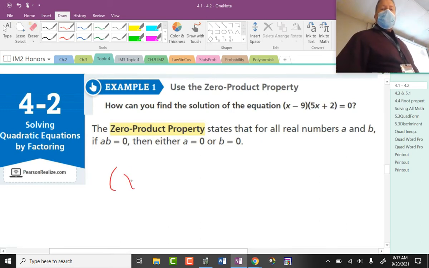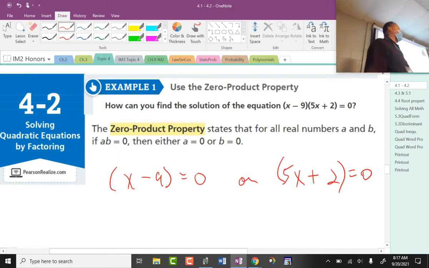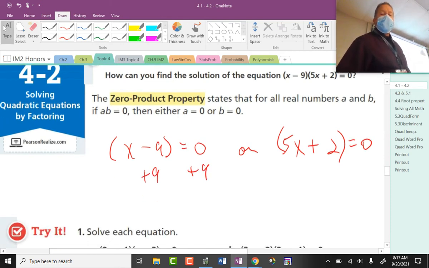So what you can do now is say, all right, because y is 0, if I take this and set this equal to 0 separately, this or that, and solve them. By the way, the parentheses are useless, but I'm going to go ahead and put them in both cases. Solving each one, I do end up getting my x-intercepts as well. So let's look at this in this way.